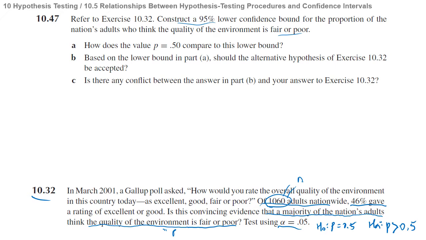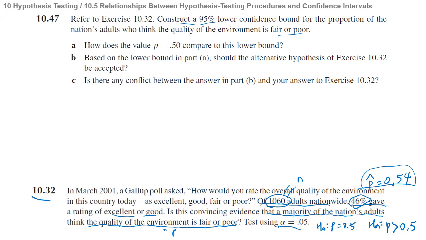And what is our test statistic? Our estimator is p hat, which is 0.54, since 46% gave a rating of excellent or good, so 54% gave a rating of fair or poor. So our estimate is this p hat.